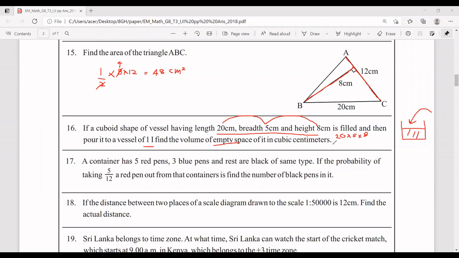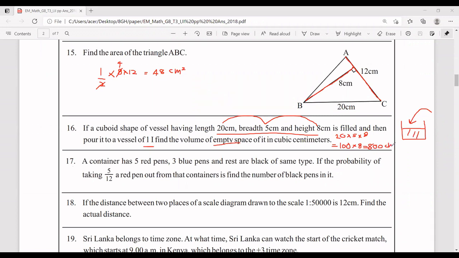20 into 5, what? 100. Yes, 20 into 5 is 100. 100 multiplied by this 8 is 800. Here 800 cubic centimeters, because we multiply centimeter into centimeter into centimeter.